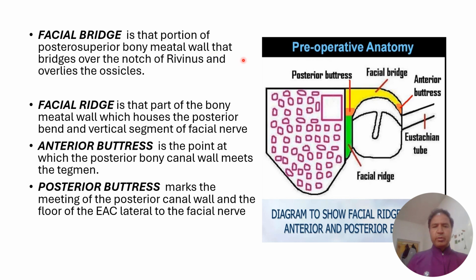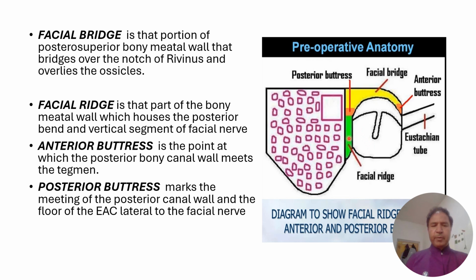This is the facial bridge. The facial bridge is a portion of the posterior superior bony meatal wall that bridges over the incudal notch and overlies the ossicles. You can simply remember the facial bridge is the bony meatal wall that overlies the ossicles.